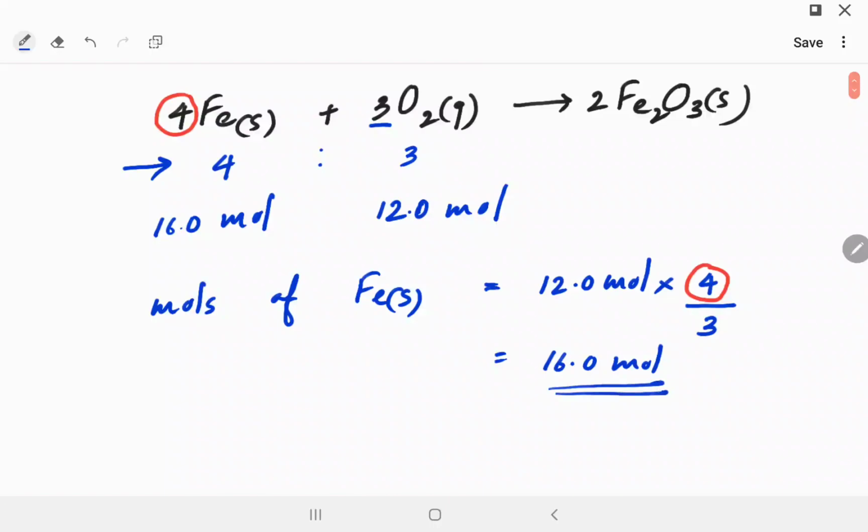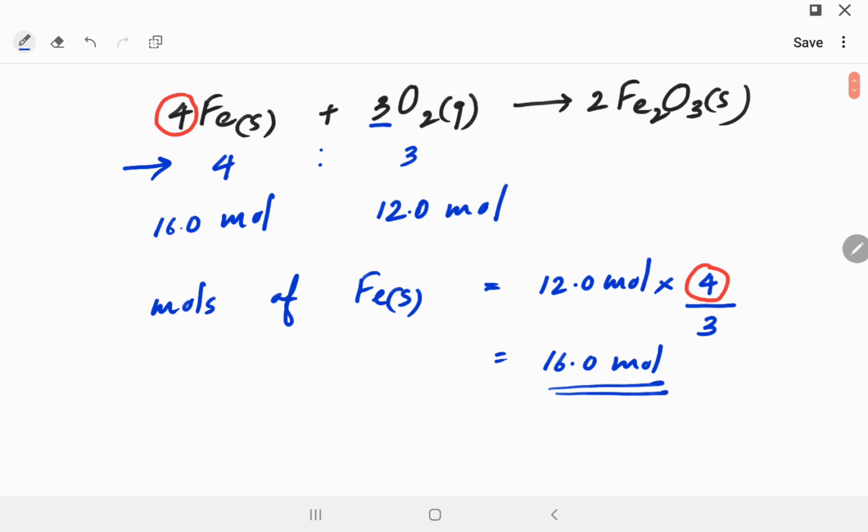All you need is the mole value of one component. If you know the mole value of one component, then you can easily calculate the moles of other reactants or the moles of products that you can expect.